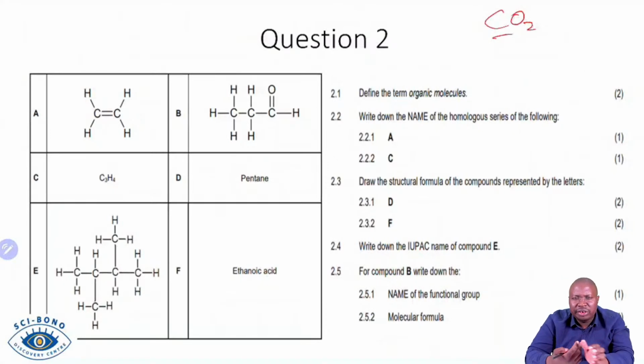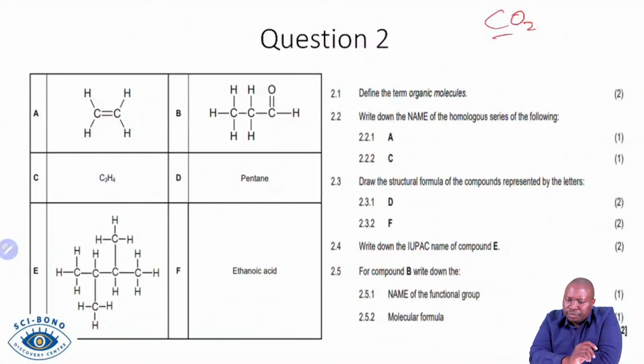Most of our organic molecules will have carbons, hydrogens and all that. But when it comes to the definition, we're saying organic molecules are molecules containing carbon atoms. Like all these molecules that we have here, they are organic molecules, and when you look at them, they have carbon atoms. I've shown you an exception of carbon dioxide.